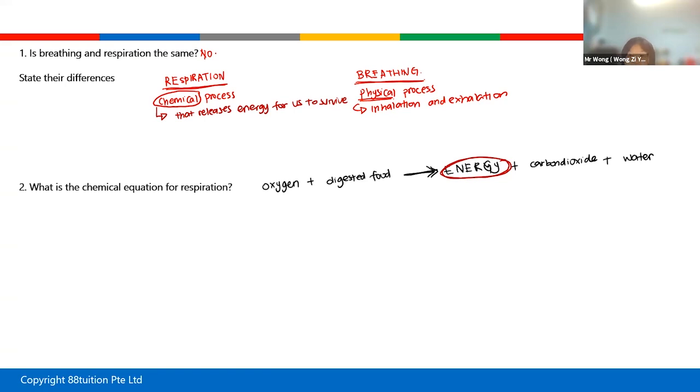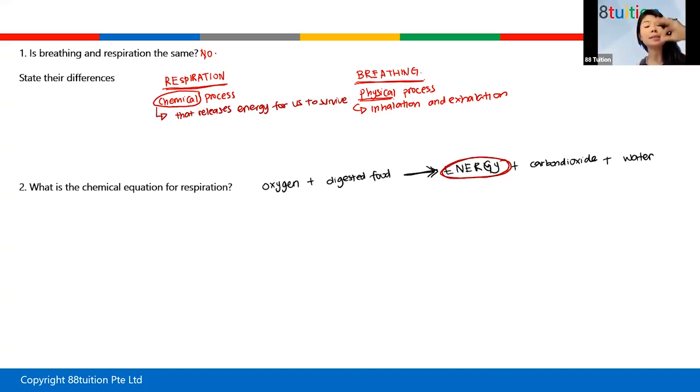In the nose. Only in the nose? You only need your nose to breathe? What else do you need to breathe? To take in oxygen and give out carbon dioxide. What else is needed? Windpipe and lungs.